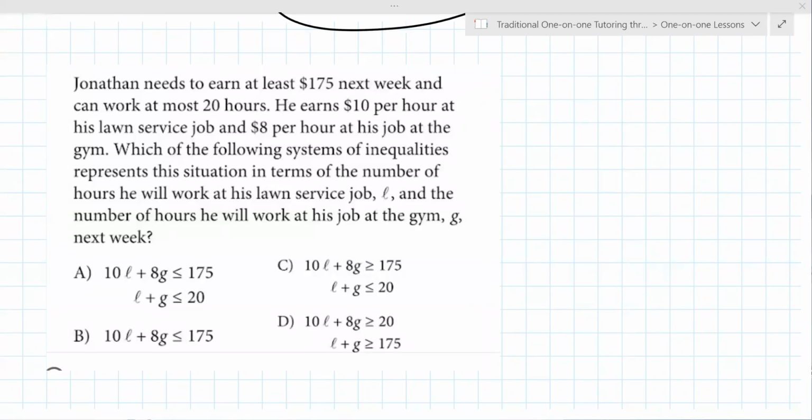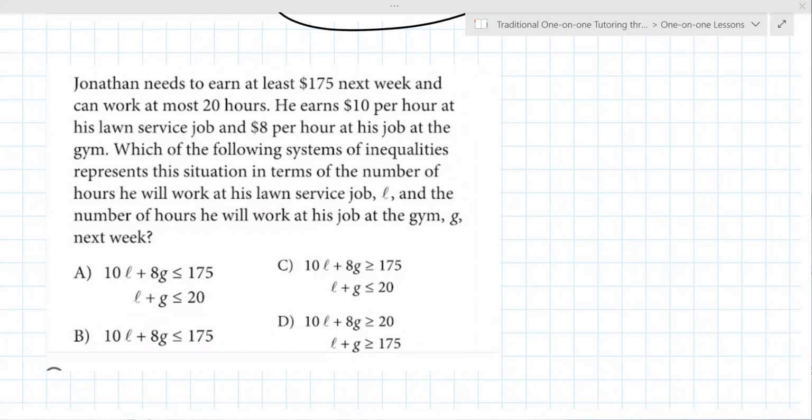Jonathan needs to earn at least $175 next week and can work at most 20 hours. He earns $10 per hour at his lawn service job and $8 per hour at his job at the gym.